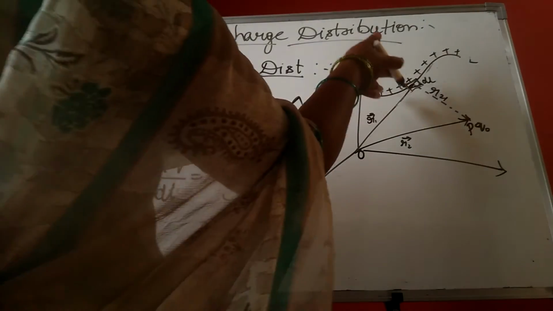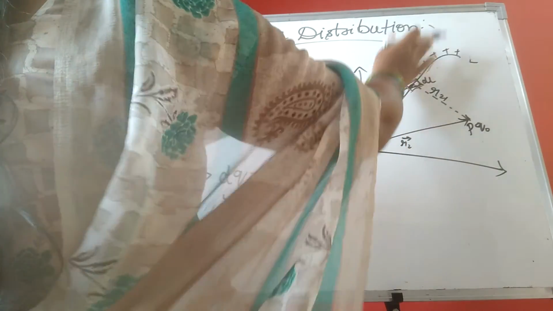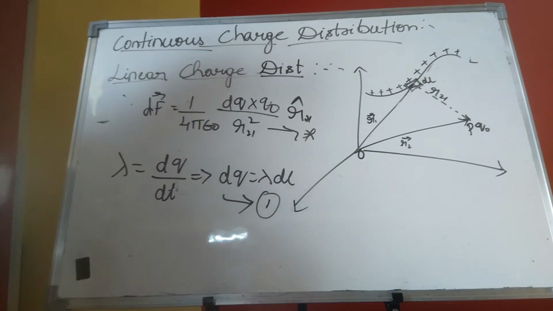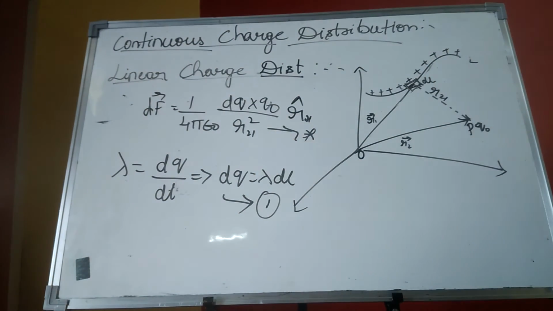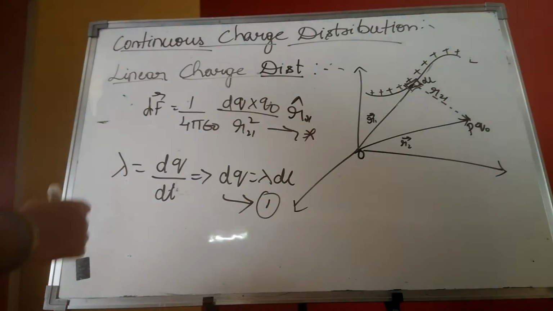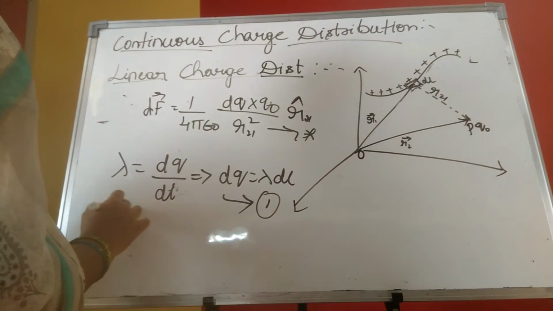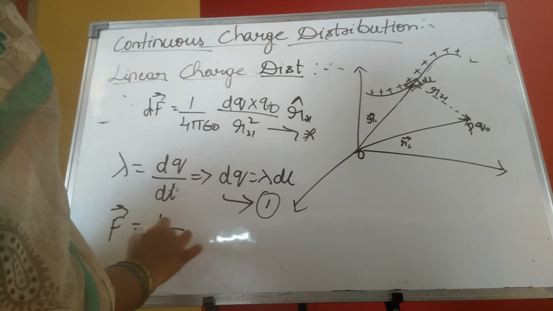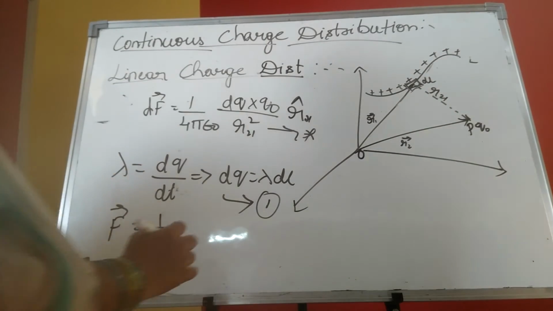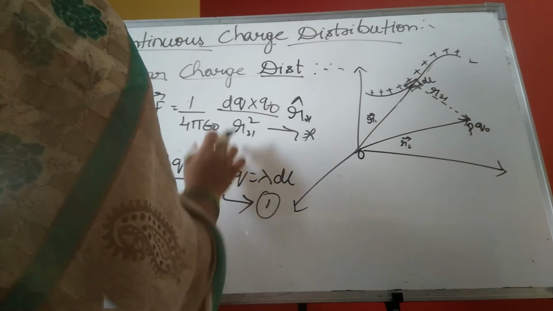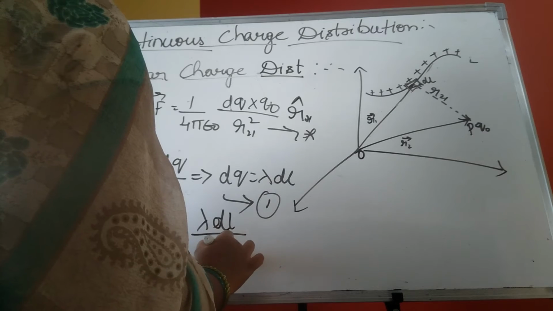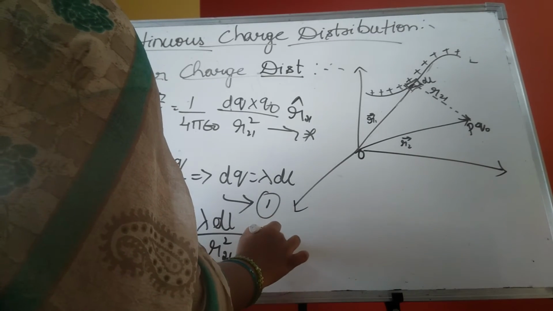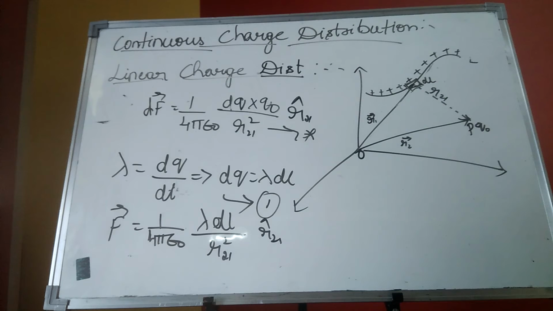Instead of calculating over the entire length of a conductor, we'll take a small length and then calculate. So substituting, vector F is equal to 1 by 4 pi epsilon naught, and in the place of dq I write lambda dl divided by r21 square into r21 cap. This is for the small length dl.